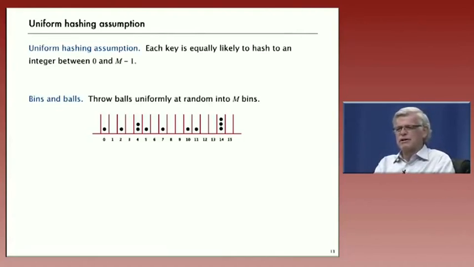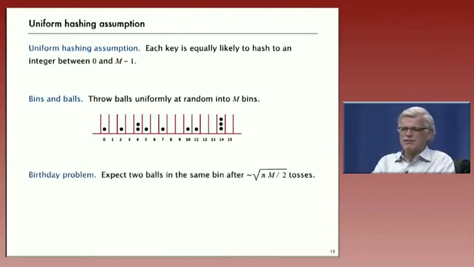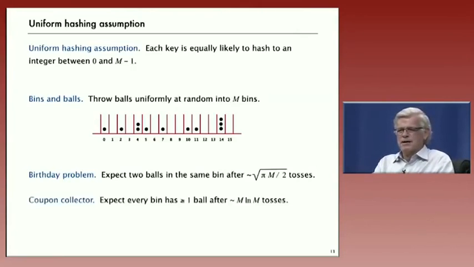And these things are studied in classical combinatoric analysis. For example, there's the birthday problem, which asks how many balls do you throw before you find 2 hitting the same bin? When do you get the first collision? And the answer to that is about square root of pi m over 2.